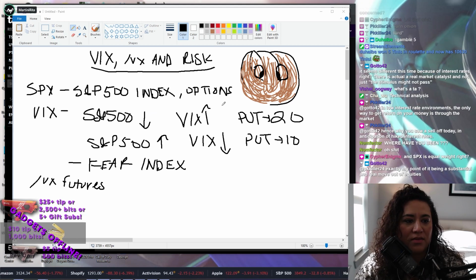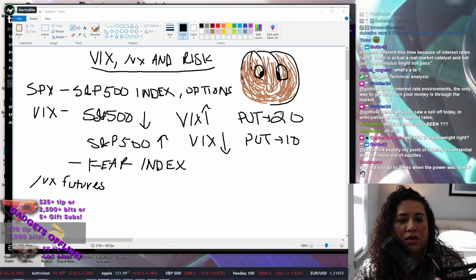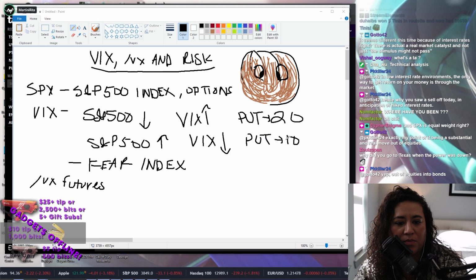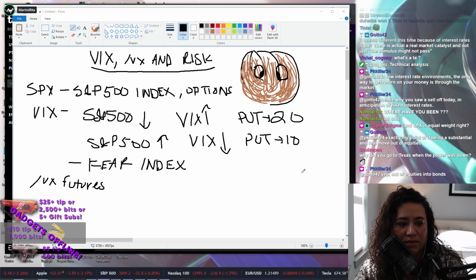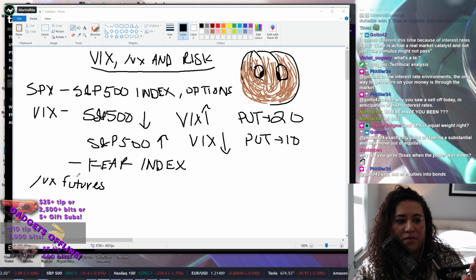Then that's one layer. Then you have the VIX, which is the price of the options relative to each other. So if puts are $20, then VIX is going to go up. If the relative value of the puts are $10, the VIX is going to go down. Then we have the third layer, which is the futures. We have another contract on top of another contract.